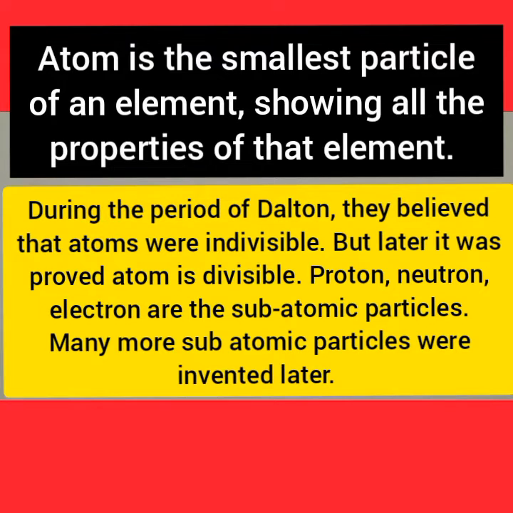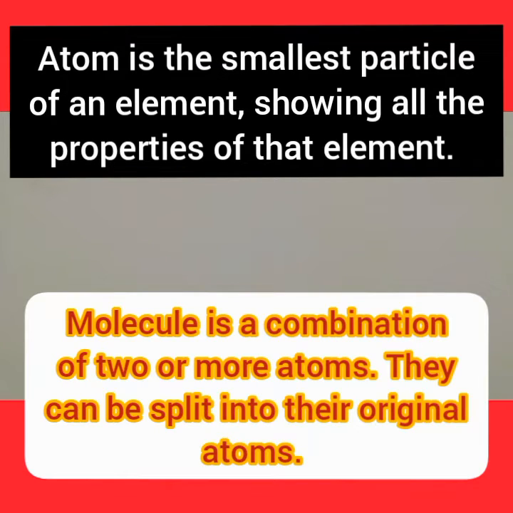The molecule is also a combination of atoms. So by chemical methods, you can split those molecules as well. What is the result? The result is that finally we end up with a collection of atoms.